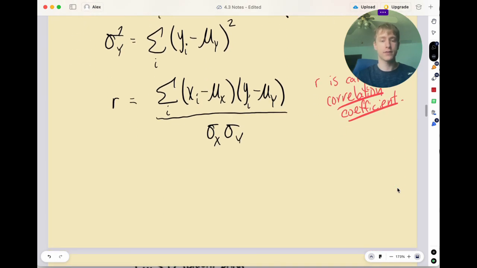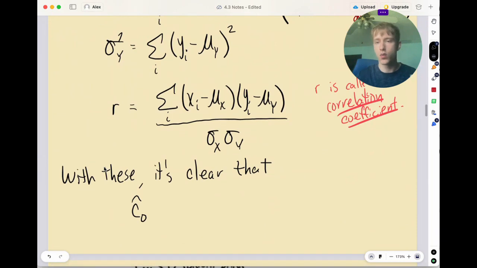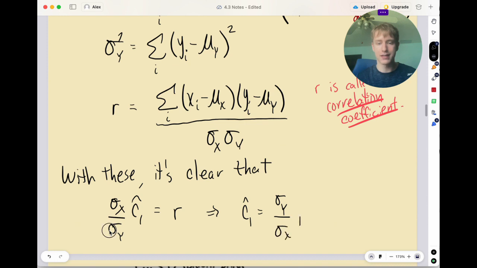With these substitutions, it's clear that we get C1 hat, excuse me: sigma x over sigma y times C1 hat is going to equal the correlation coefficient R. And that's going to imply that C1 hat is equal to sigma y over sigma x times R. Okay, so that's C1 hat.